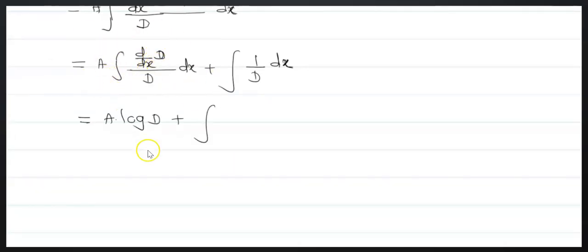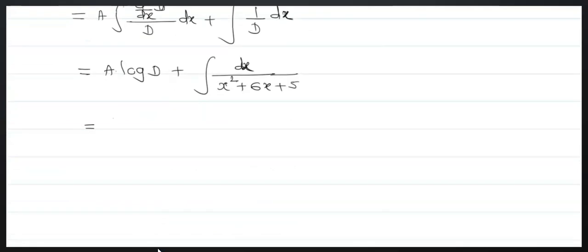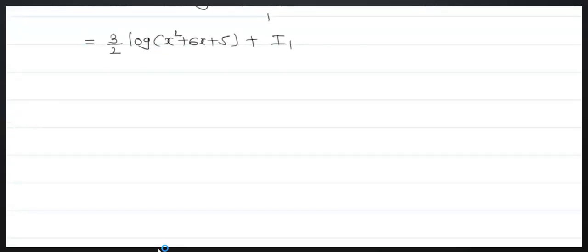And the integration of this is a into log of d plus b into the integral of dx upon x square plus 6x plus 5, that is 3/2 log of d, that is x square plus 6x plus 5, plus b into the integral, with the constant c1.